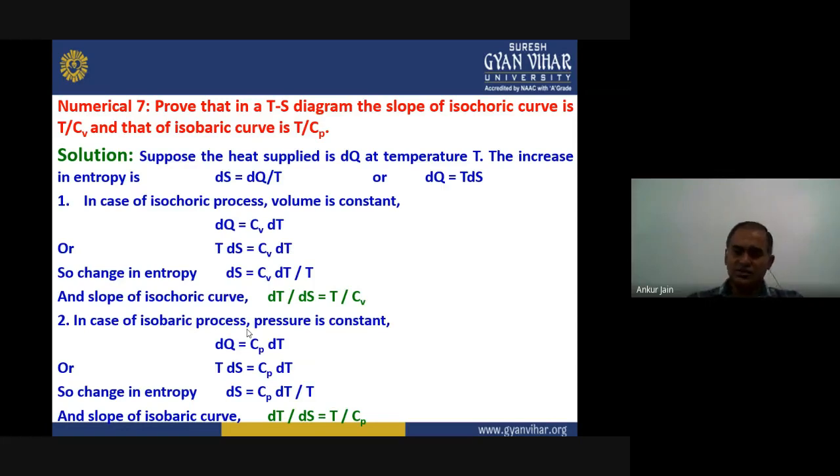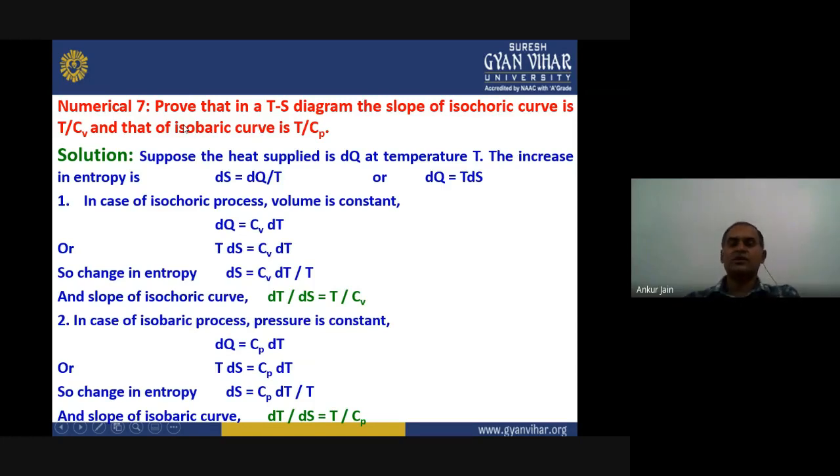So let us assume that the heat supplied is dq at temperature T. The increase in entropy can be written as ds equals dq upon T. This is just by definition, or we can write it as dq equals T into ds. Now let us consider the isochoric curve and the isobaric curve.